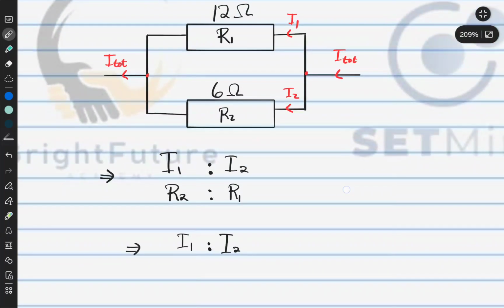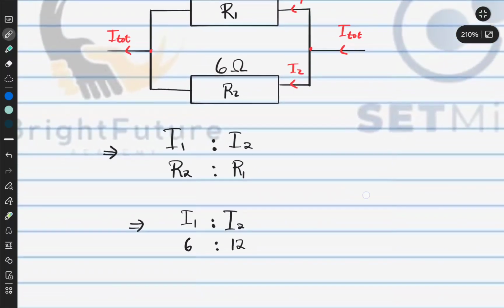R2 is our 6 ohm, and R1 is our 12 ohm. The math is different if it is 3 resistors, 4 resistors, and so on, but the logic stays the same. The one with the least amount of resistance will get the highest ratio. The one with the most will get the lowest ratio.